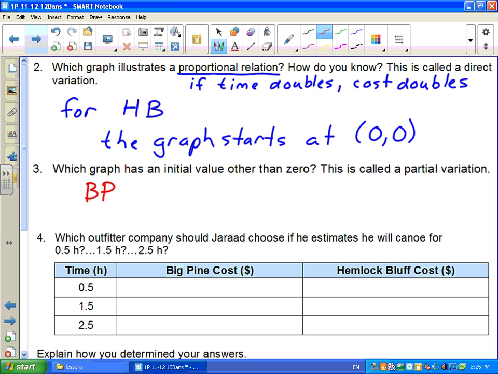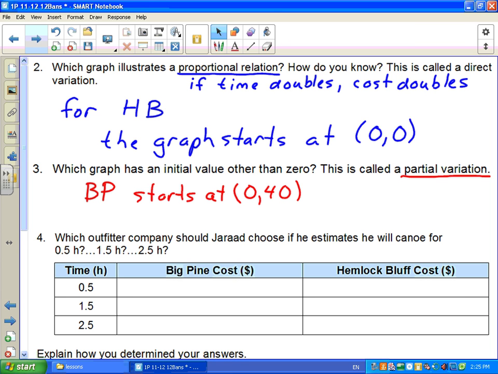We can say Big Pine starts at 0, 40. If it starts at 0, 40, this is called partial variation. So if it starts at anything other than 0, 0, it's not direct variation, it's partial variation. And we had already established that this wasn't proportional.